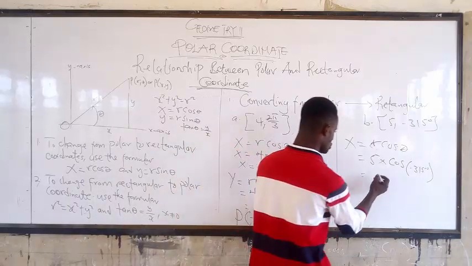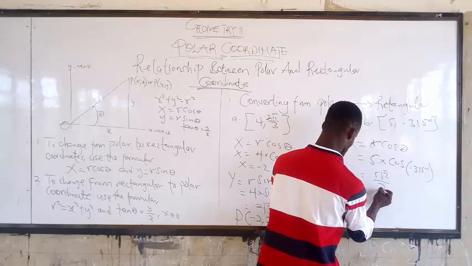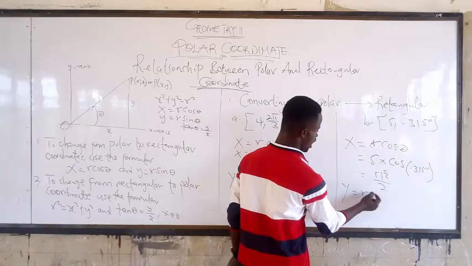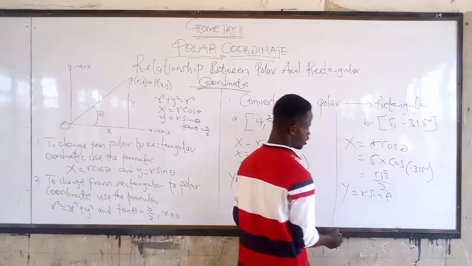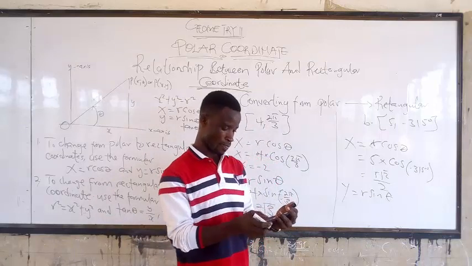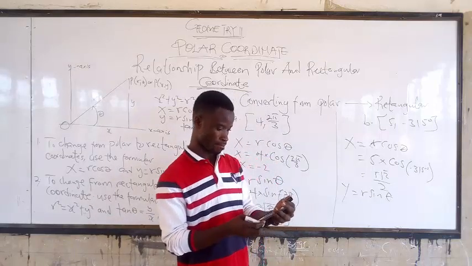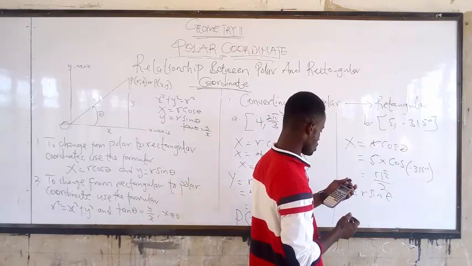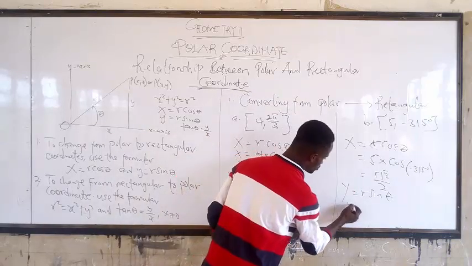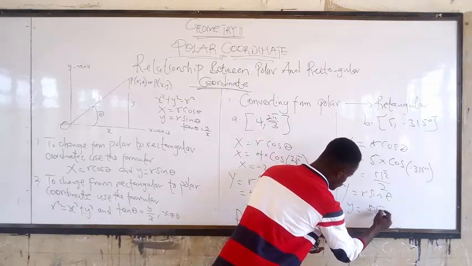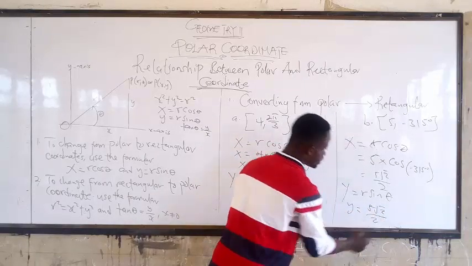Alright, so the answer is going to be 5 root 2 all over 2. Then you go for what? R sin theta. So the same way you do it. So when you do that, your y is going to be 5 root 2 over 2, the same thing.